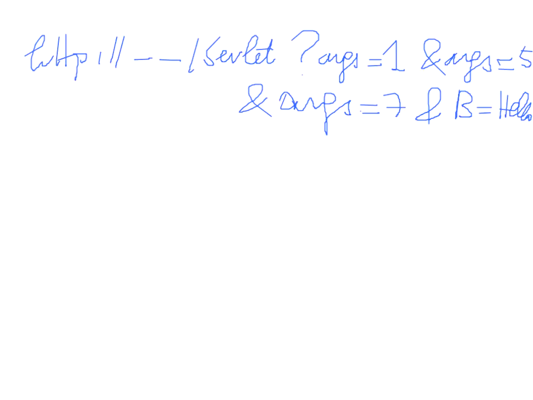In this HTTP request, how many arguments do we have? 4, very good. But here arg is the same. We have the same parameter with many values.